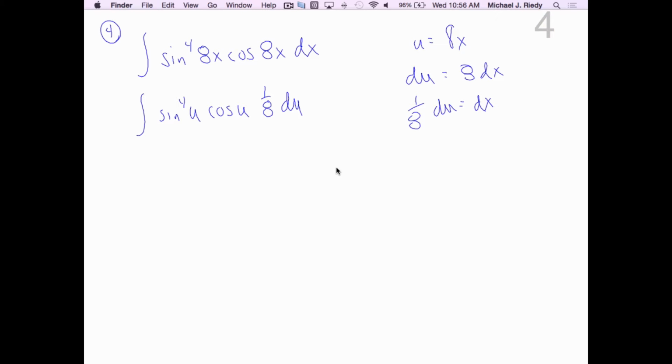It's not negative cosine 4th. Got a little problem here, right? Yeah. We got a product rule with a chain rule. So what can you conclude from that?